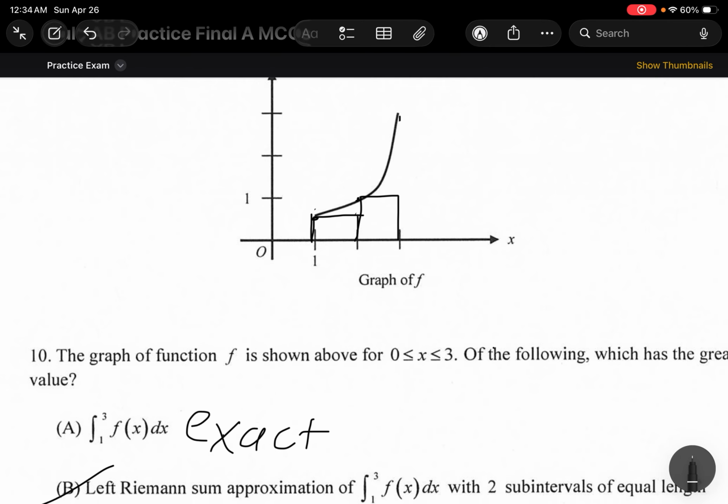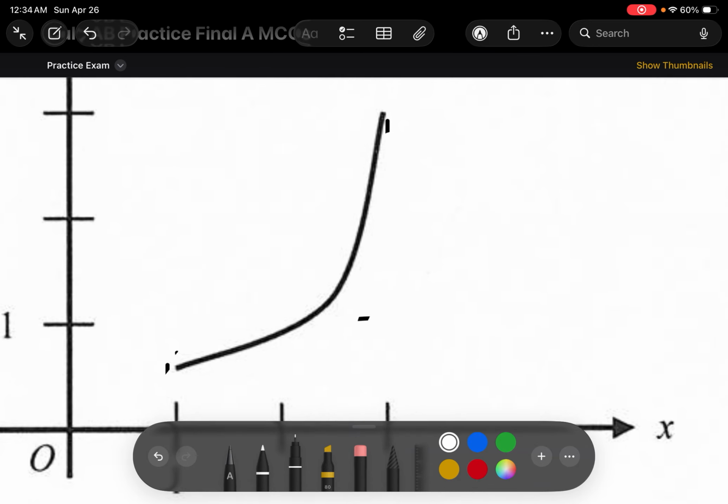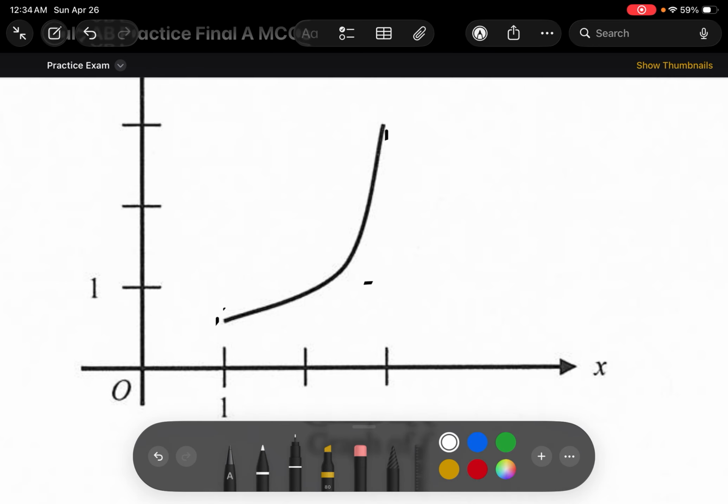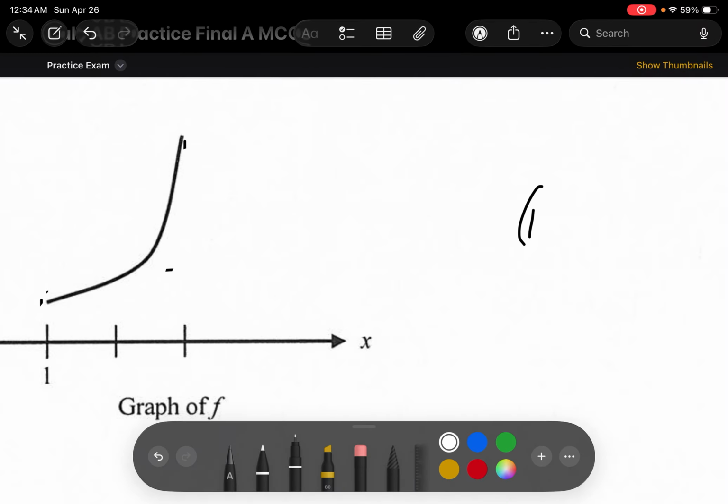Now we're going to do right Riemann sum with two subintervals of equal length. What this is basically saying is the right controls the height. So we're going to start at 3 because it's from 1 to 3. Oh, I forgot to write my steps. Evaluate each option.